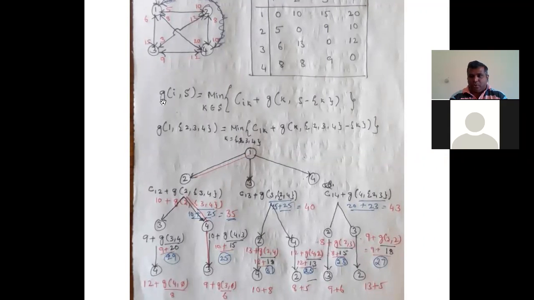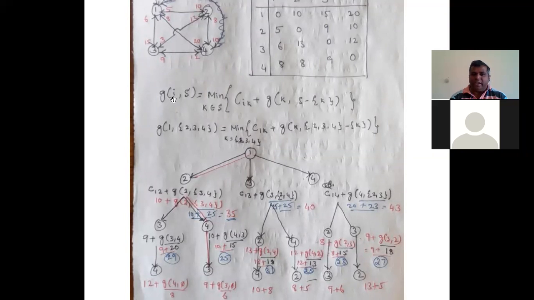The tour cost, that means the traveling salesperson tour cost, I to S. I is the starting node. S is the set of cities or set of nodes.